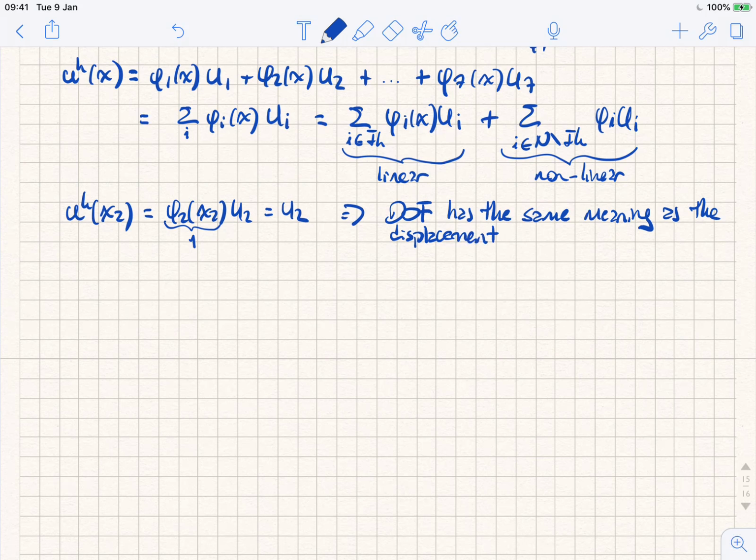Now let's take another point. Say we evaluate the expression at a location that is in between node 3 and node 4.